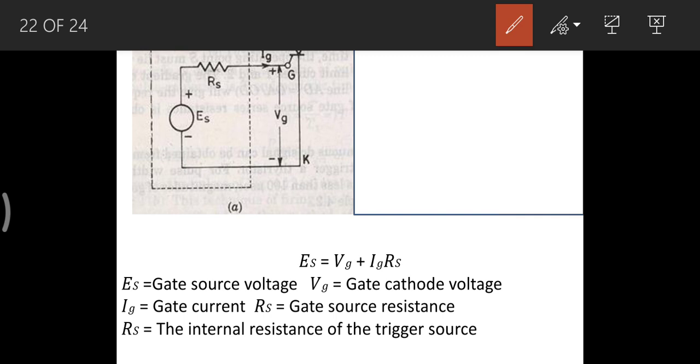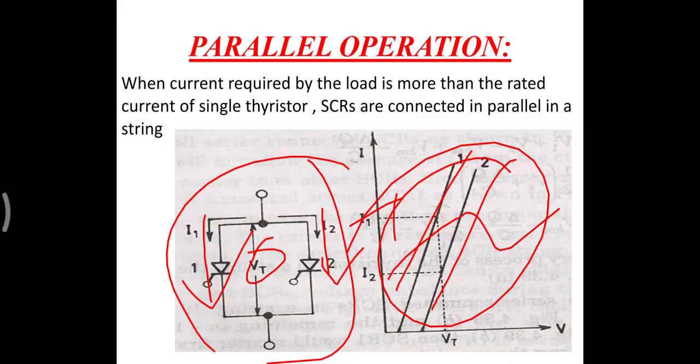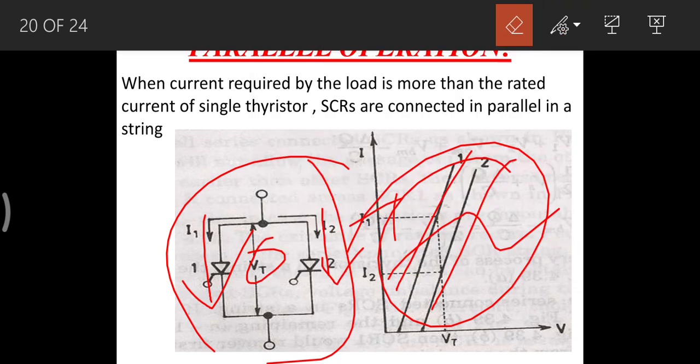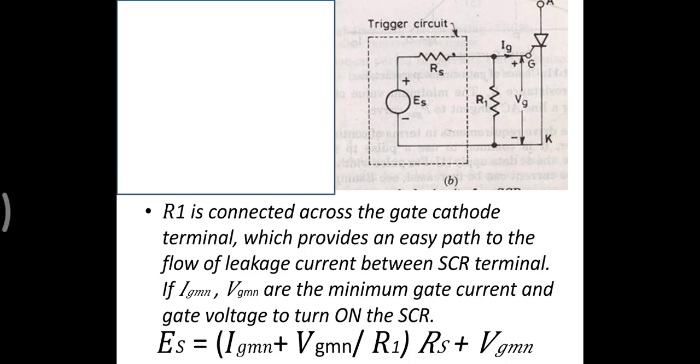Suppose you connect it like this, the VI characteristics will be like this. Here the problem can be overcome by connecting the circuit like this. That means R1 is connected across the gate cathode terminal, which provides an easy path for the leakage current between the SCR terminals.